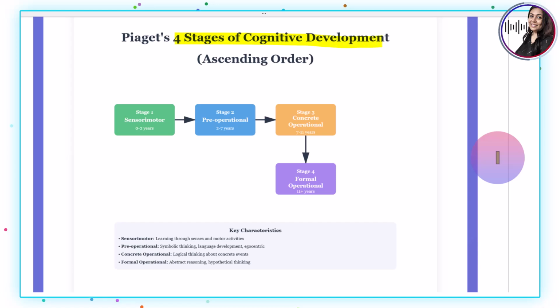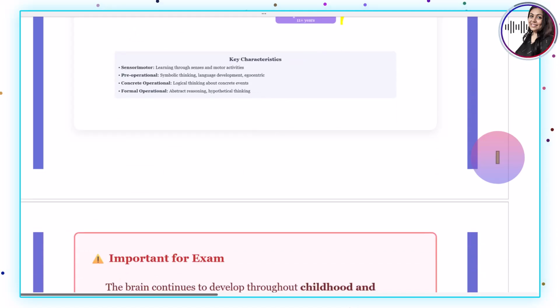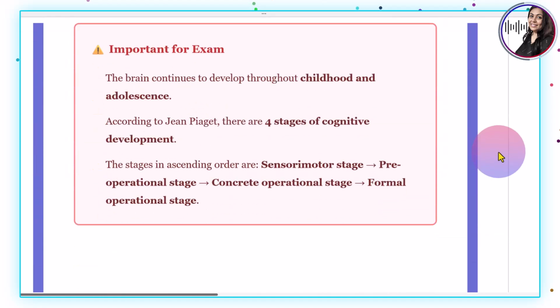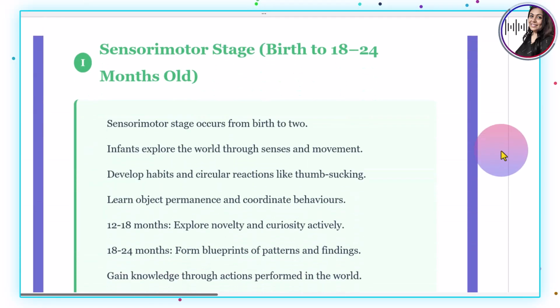According to Piaget, there are 4 stages of cognitive development, and remembering their correct order is essential for exams. The stages in ascending order are the sensorimotor stage, pre-operational stage, concrete operational stage, and formal operational stage.